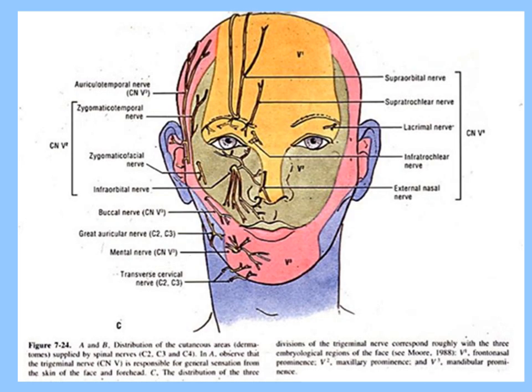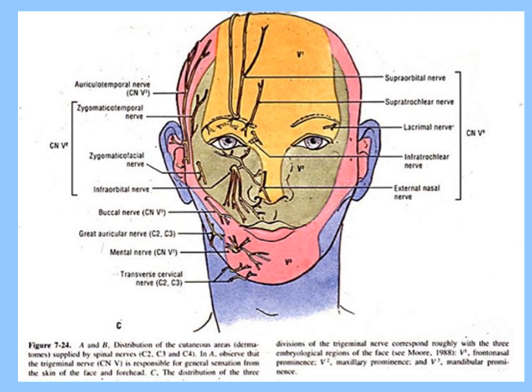This graphic is the same graphic as the one in the handout passed out in class. It shows the sensory distribution of the nerves from the trigeminal nerve. In orange, we have the distribution of the ophthalmic division of the trigeminal nerve.